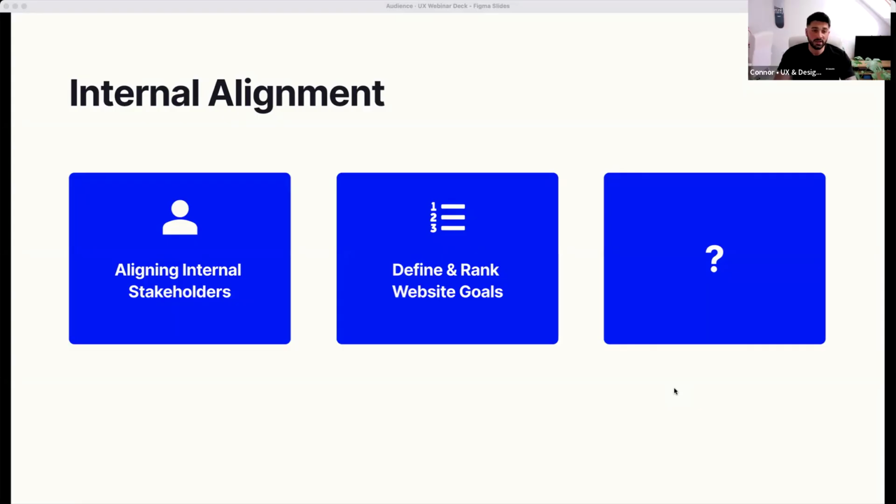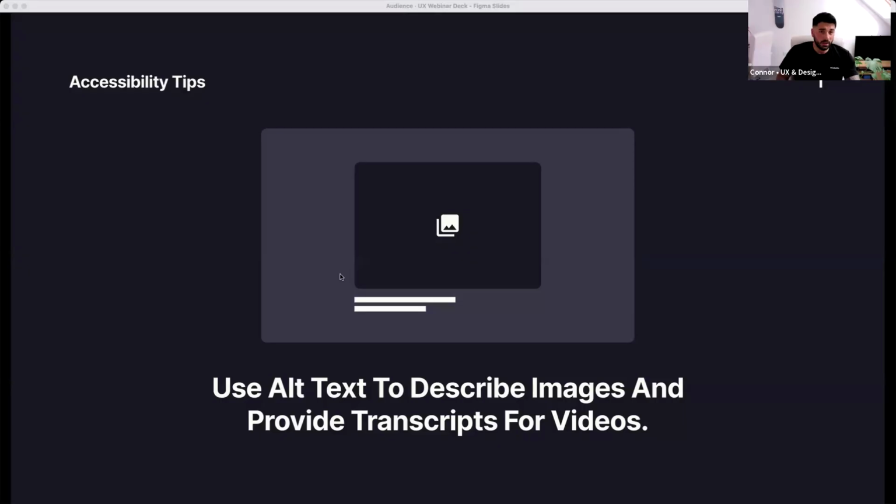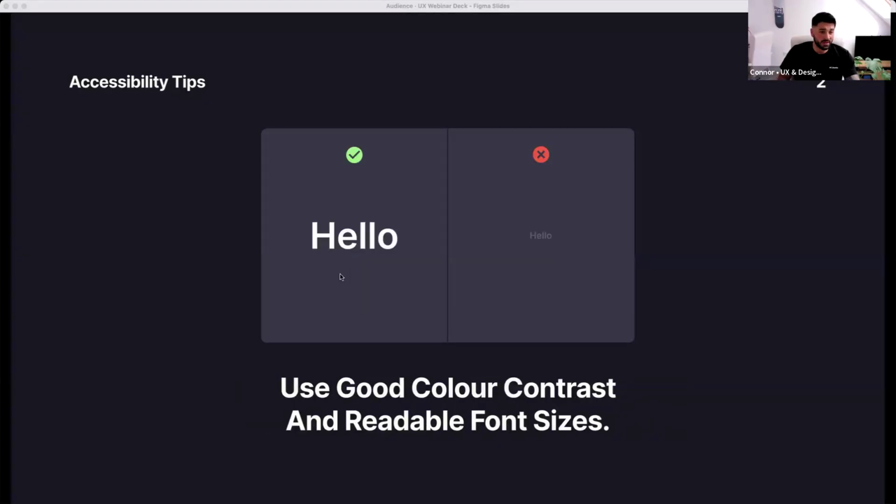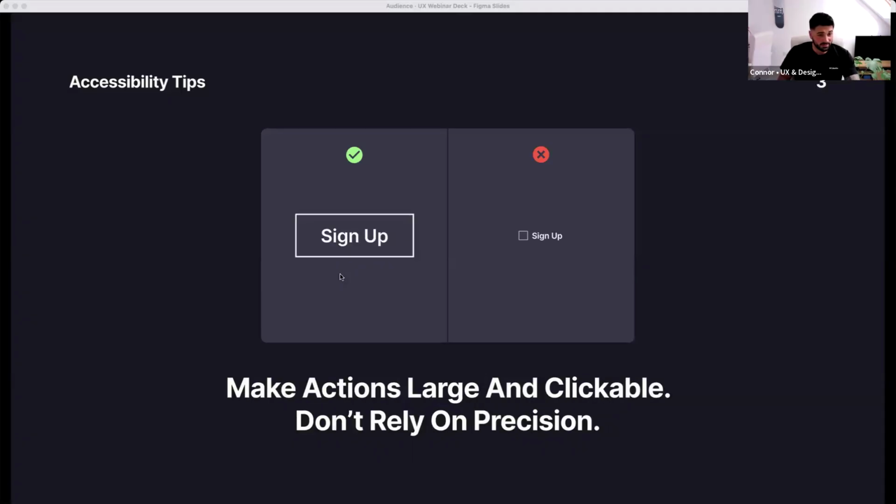I wouldn't say there's necessarily a cheat sheet, but there are definitely a whole range of things that you can do, from really quick wins, which would just be simply changing things like the copy on your site, going through and making sure your text is the right size and you have contrast there, making sure the call to actions are big enough.